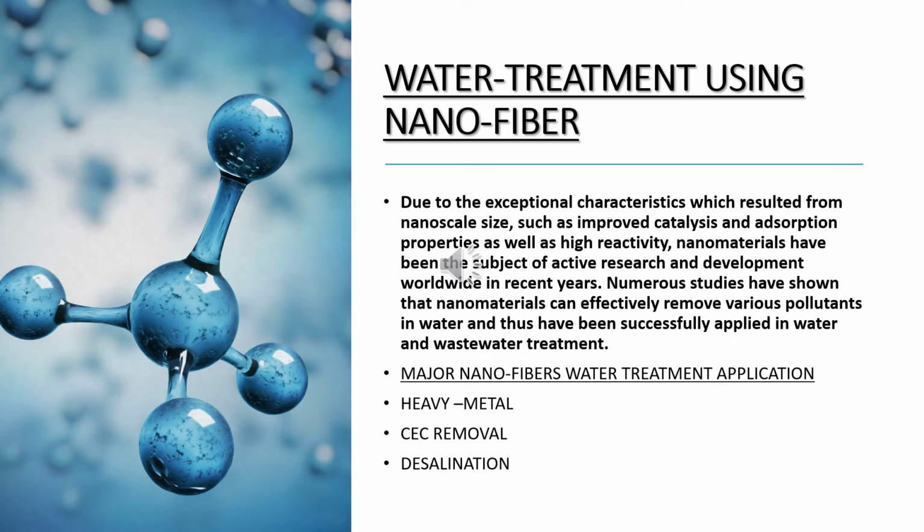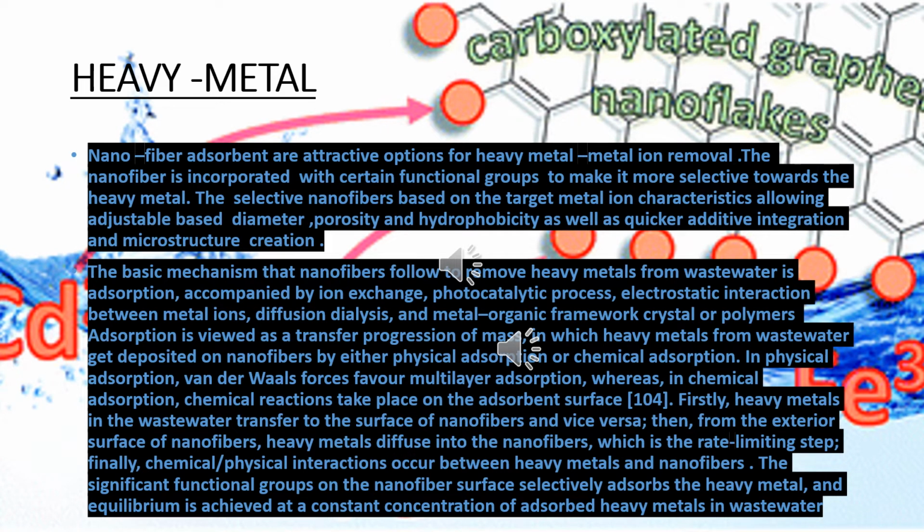We have heavy metals, CEC removal, which CEC stands for contaminants of emerging concern, and desalination. Heavy metals. Nanofiber adsorbents are attractive options for heavy metal and metal ion removal.